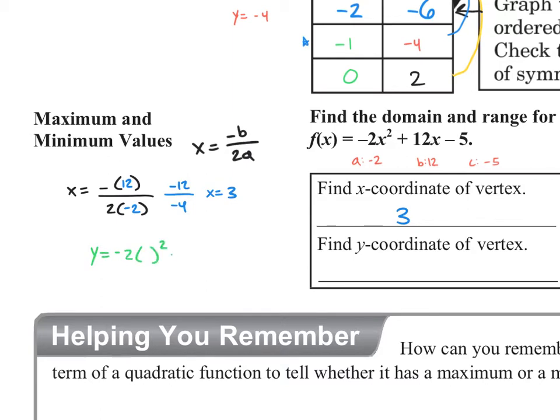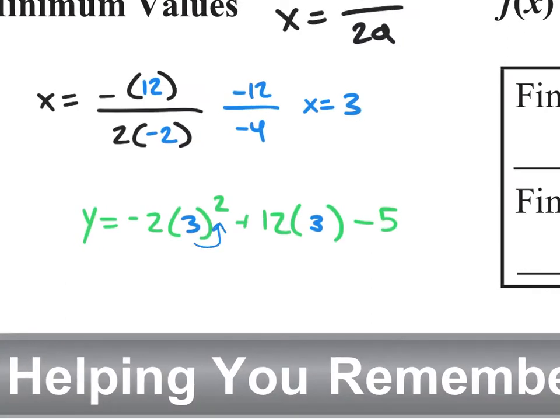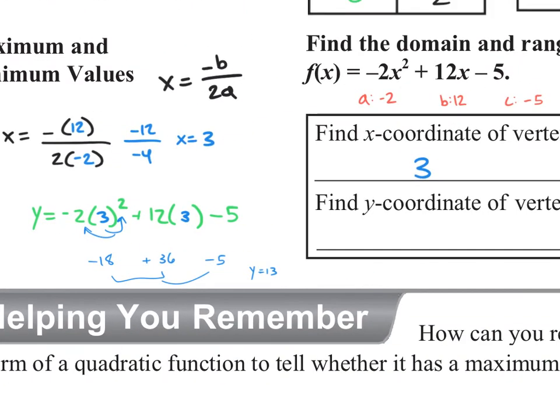And everywhere that we have a parenthesis group, we need to replace it with that 3. 3 squared is 9 times a -2 is -18 plus 36 minus 5. So here we'll get an 18 minus 5 to get the y-coordinate of our vertex as 13.